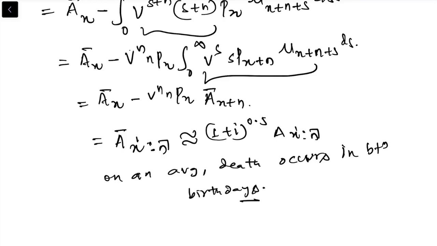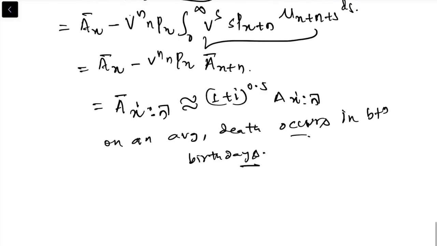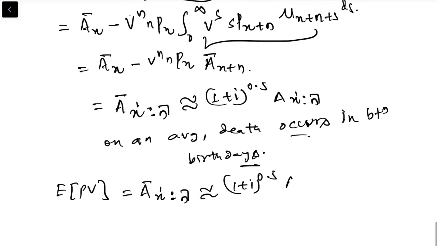I have talked about this assumption in the previous video, so you can go back and watch that. So the expectation of the present value is A bar x:n, which is approximately equal to (1+i)^0.5 times A x:n.